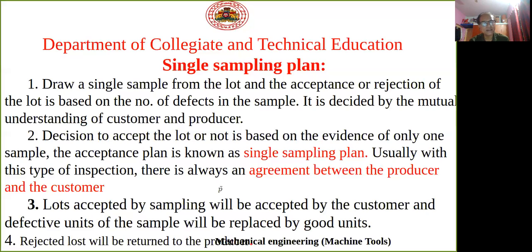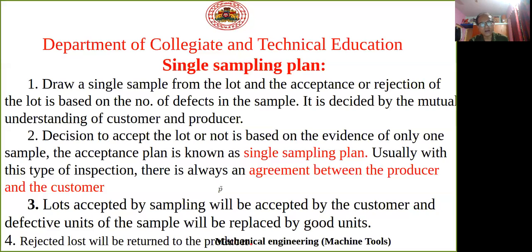Usually, with this type of inspection, there will always be an agreement between the producer and the customer. This agreement takes place to decide the acceptance number, small c.